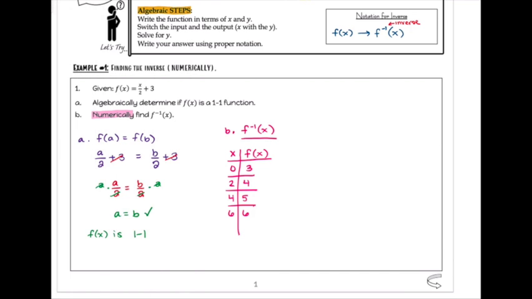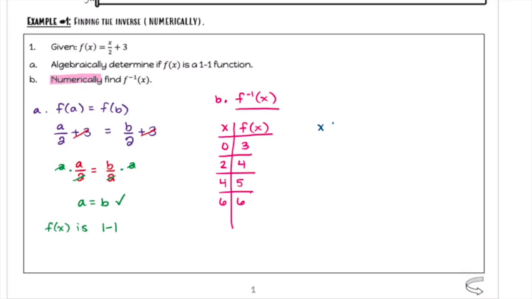Now that I have the original function's inputs and outputs, what we are going to do is find the inverse. So I'm going to create a new table with the inverse notation. The awesome thing about inverse is that the x's and y's, the domain and the range, switch. So if my original point was (0, 3), my inverse would be (3, 0).